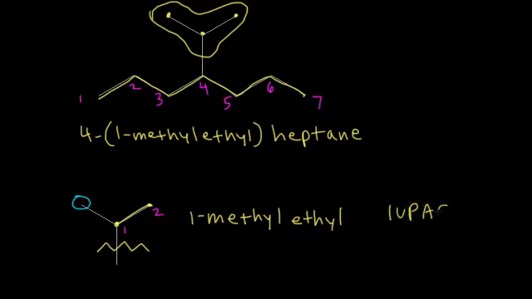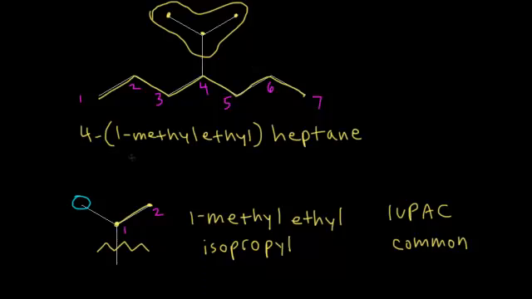But there are also common names for these complex substituents. So the common name for 1-methyl ethyl is isopropyl. And isopropyl is used so frequently that it's perfectly acceptable to use isopropyl for the name of this molecule as well.